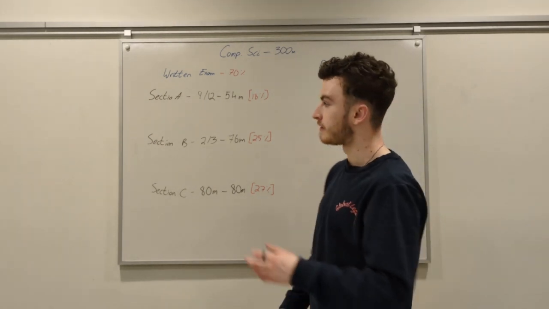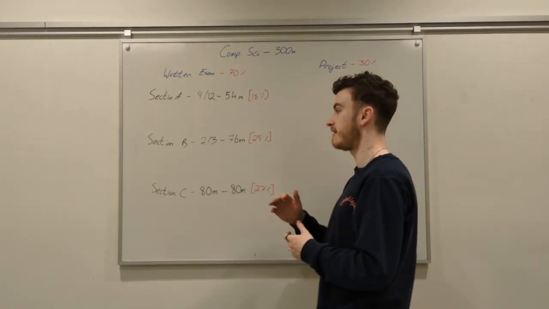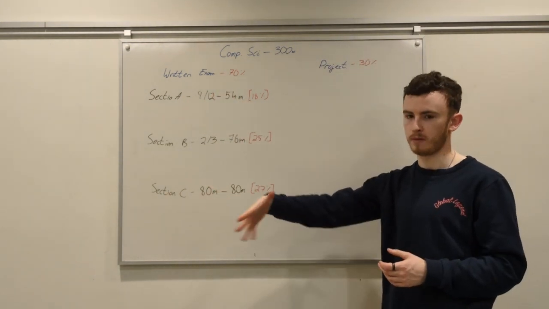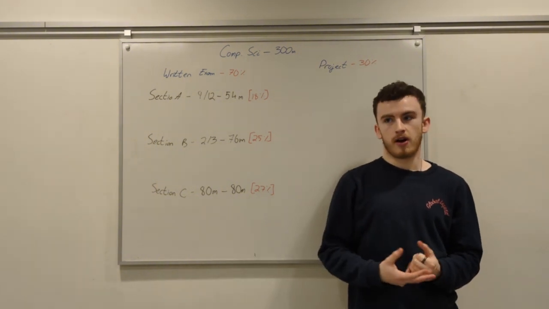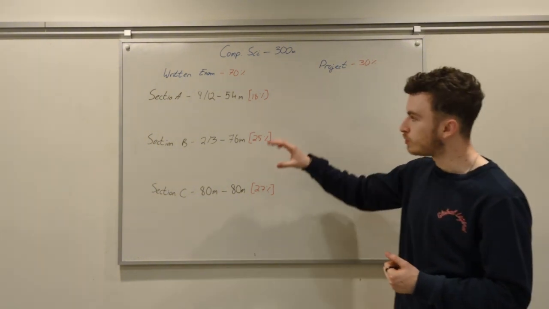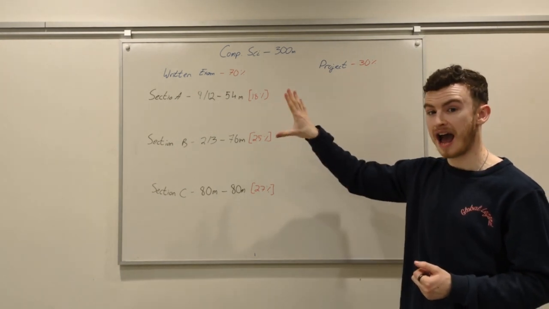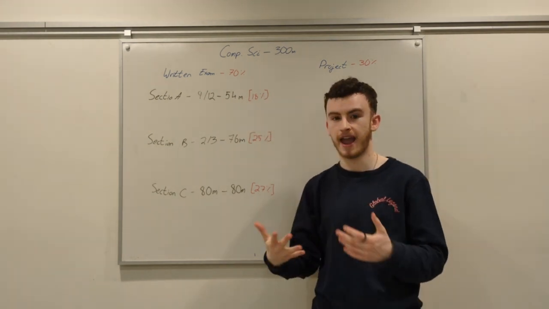Okay? Now, another thing I'll point out about the exam is that it's somewhat unique in that you are not tested on all 3 sections in one go. What do I mean by that? So when you go in to sit your exam, you will do section A and section B first together, and you get an hour and a half to complete those 2 sections, and that is run like any other written exam.